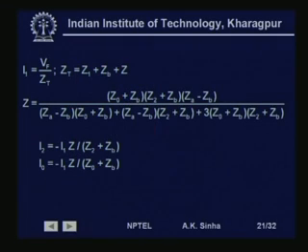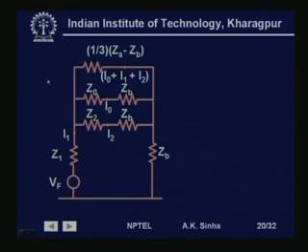Now, as we said, we can calculate the positive, negative and 0 sequence current for this circuit. So, we can do that. I1 will be equal to Vf by ZT, that is, if we see this circuit, Vf is the voltage and ZT is the total impedance of this circuit, and we need to find out what ZT is.